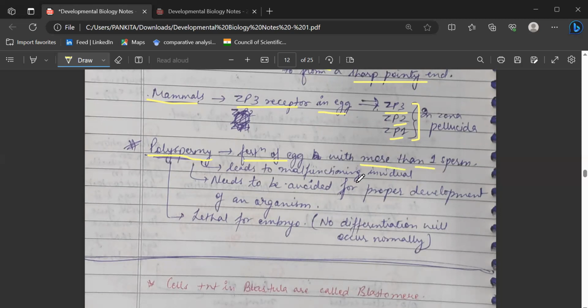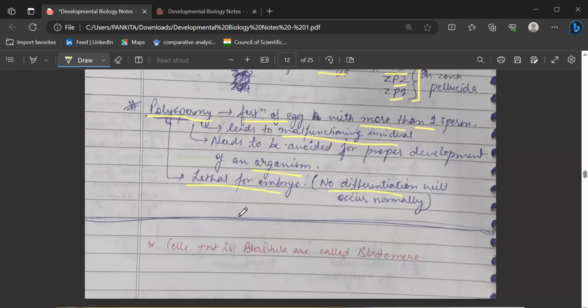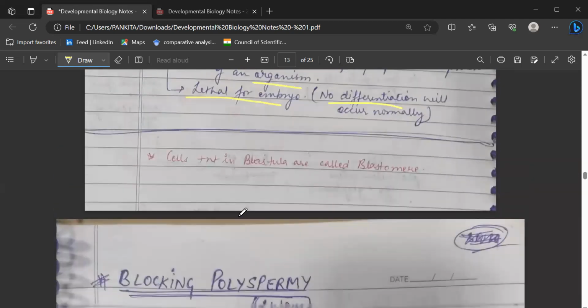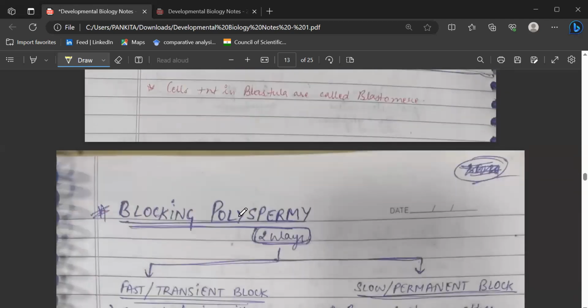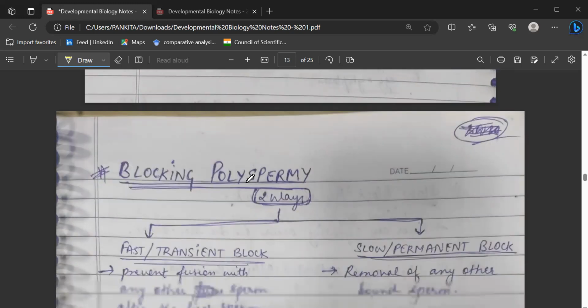This might lead to a malfunctioning individual, and this needs to be avoided so that there is proper development of the organism. Polyspermy is also lethal for the embryo because there's no differentiation that will happen normally. So there are different actions that the system of our organisms carries out to block polyspermy.